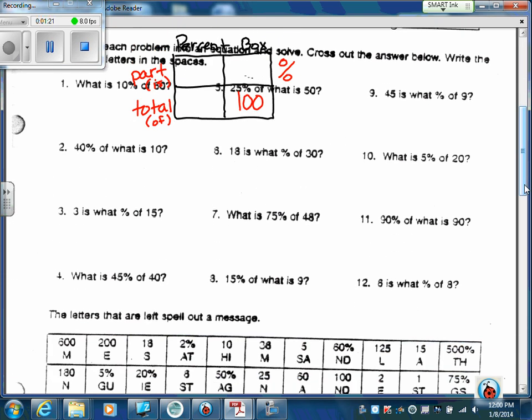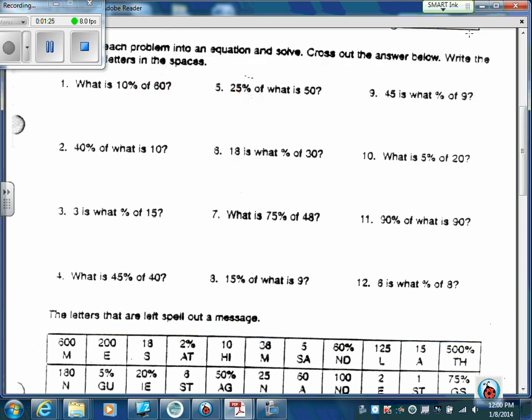So on the assignment that we did, the grammar of percents, we started out with just snips of information that they would give us that we practice putting inside those percent boxes. So for the first one, what is 10% of 60?